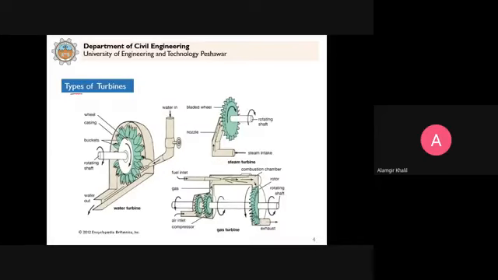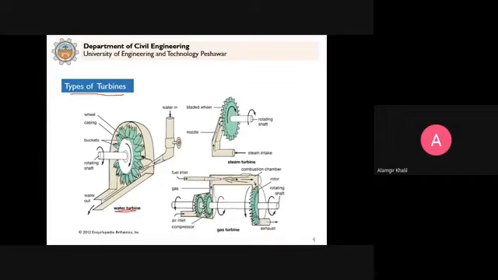So you already know what a turbine is. Among the very broad types of turbines in use, we have water turbines, or we call them hydraulic turbines, because these are water driven. You can see here we have the rotating element, shown here in green in these figures.